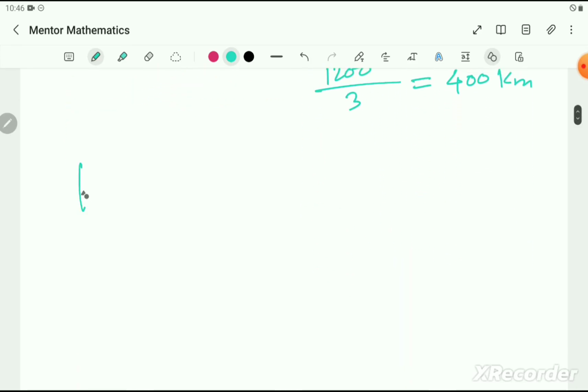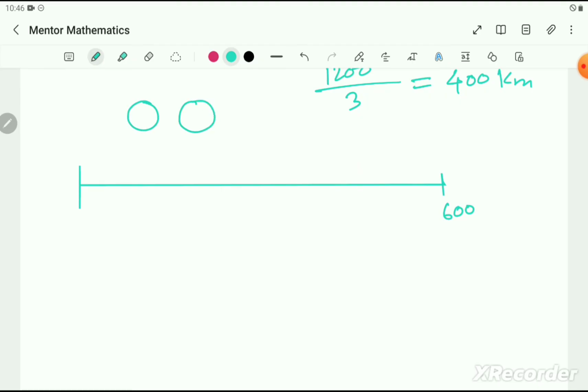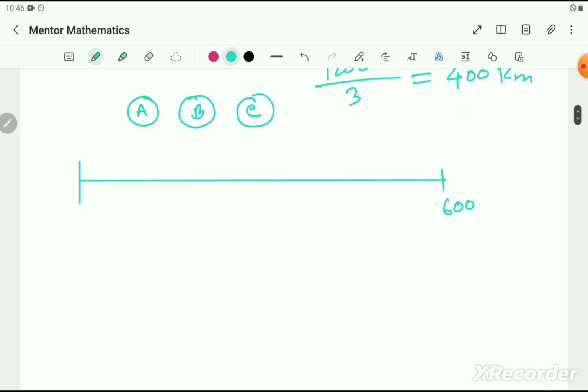Our total distance is 600, right? And we have 3 tires. We can name them A, B and C, and we can divide this total distance by 3.